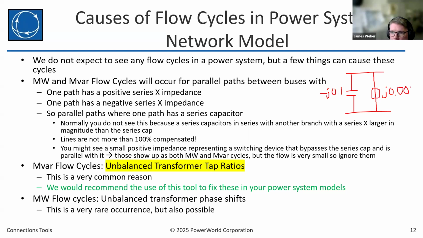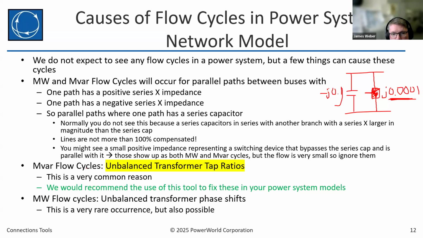If this is closed, then we've got a path with a positive reactance and a negative reactance. You're always going to have a slight amount of circulating megawatts and megavars here, but the amount flowing on the capacitor when this is closed is going to be very small. So those are things that you should ignore, but they do show up.